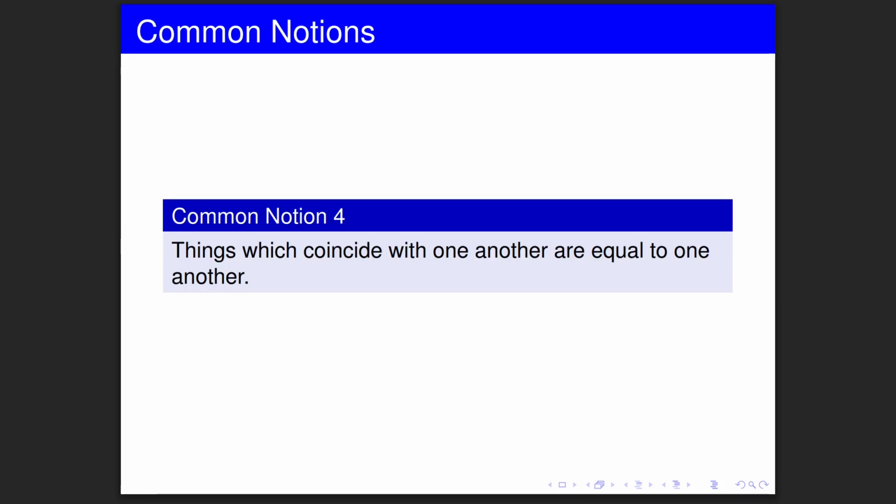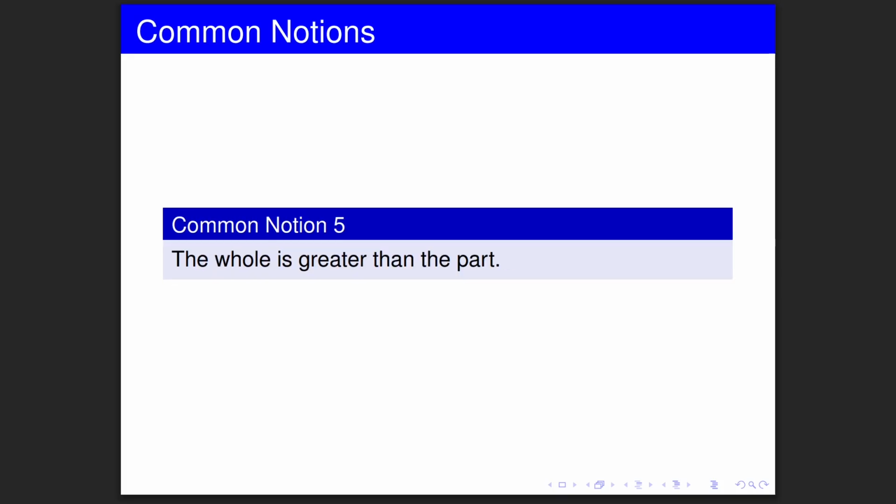Because of this, there have been a lot of criticisms of this common notion, similar to the parallel postulate. Rather than talking about all of them here, however, we will wait until we reach proposition 4 of the first book, which is the first place that Euclid really makes use of this common notion. One other note here, though, is that since this axiom seems to be particular to geometry, it maybe should have been a postulate instead of a common notion.